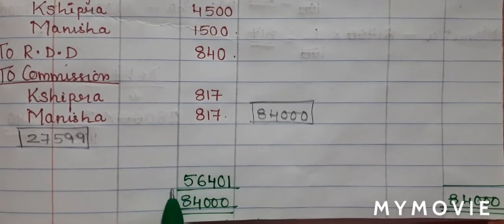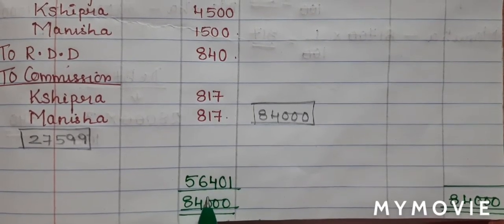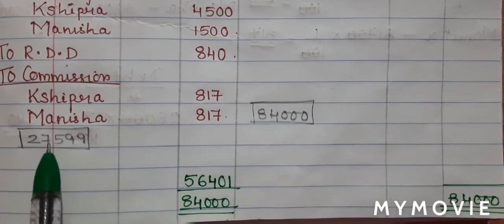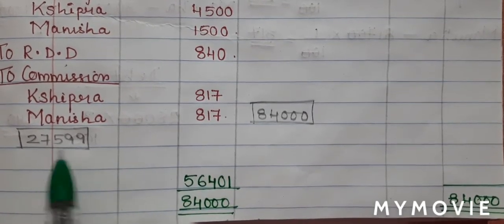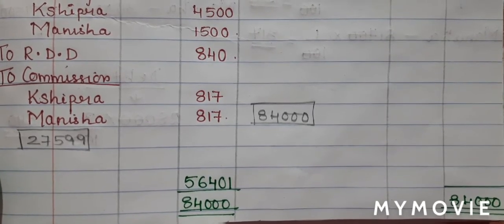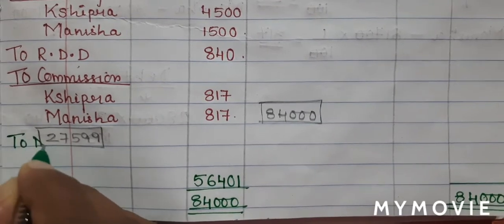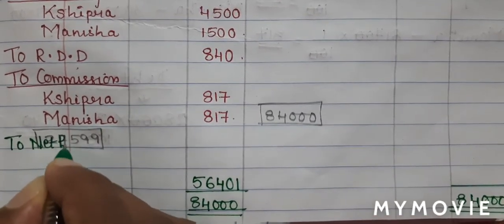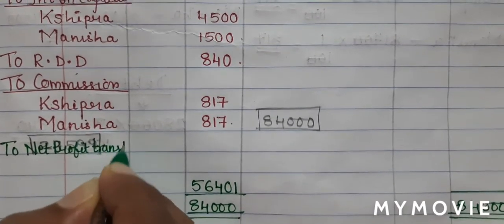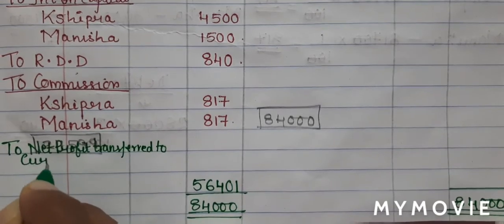Now this amount I will have to distribute between the partners. But before that, students, my income is more than my expense. When my income is more than my expense, which means my business has made a profit. So I'll write to net profit transferred to current account.